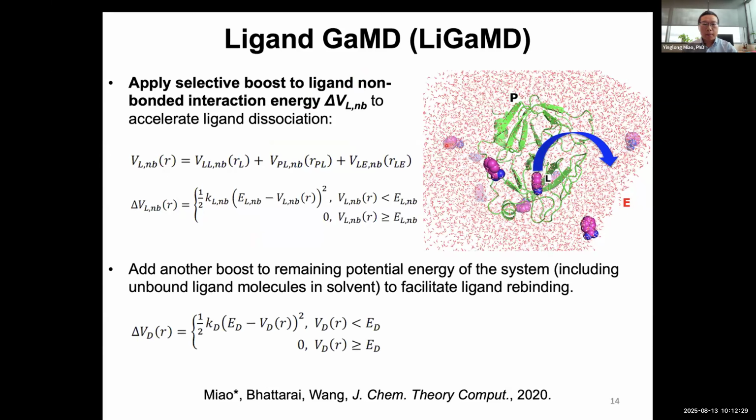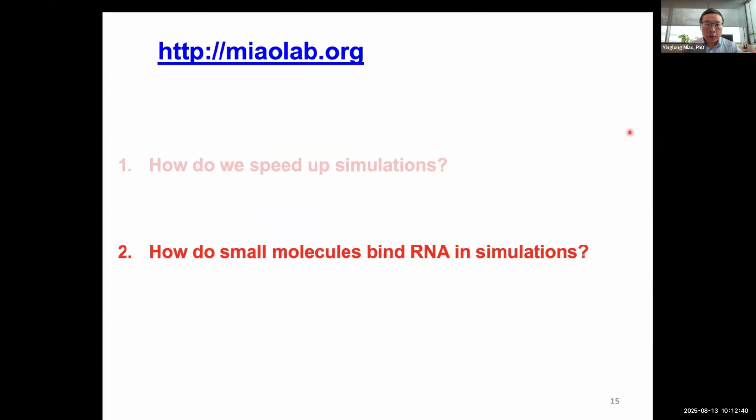In addition, we add another boost to the rest of the system. That includes ligands in the solvent, so we can speed up the ligand diffusion and help ligand rebinding. So these are our new simulation methods. Next, we'd like to apply them to see how small molecules bind RNA.